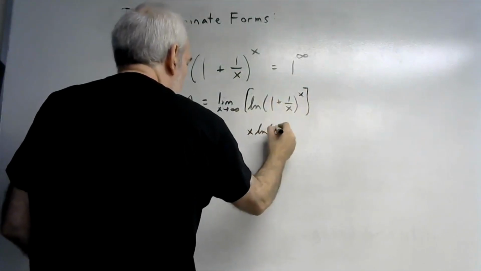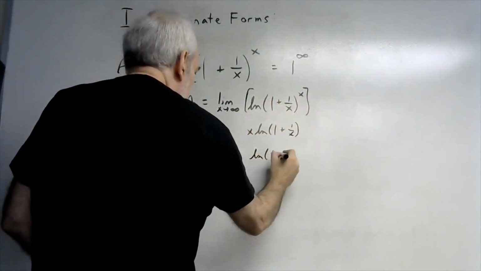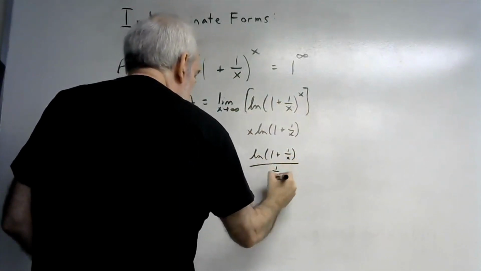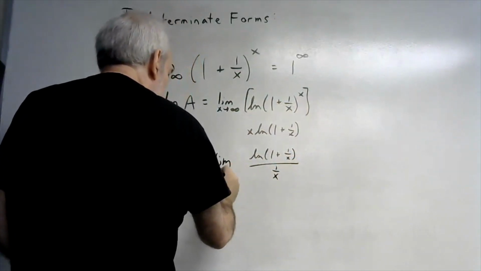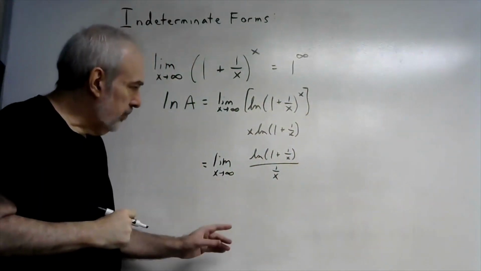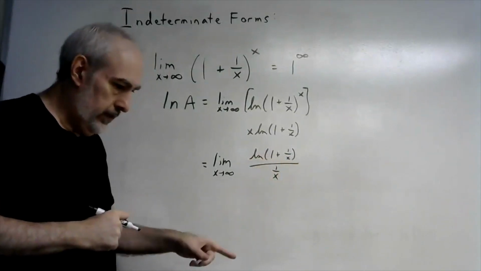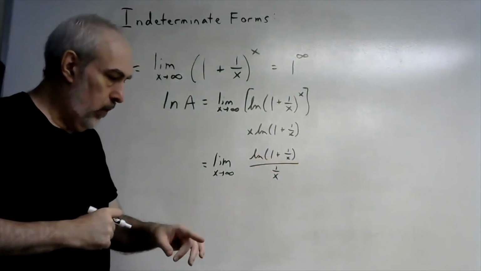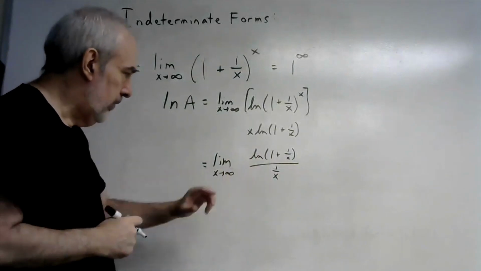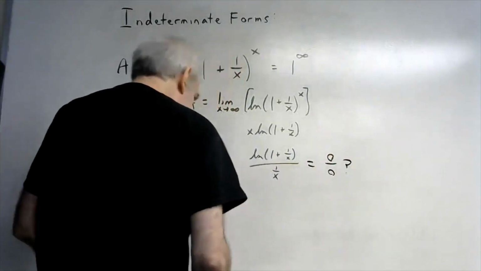Use a log property, and then turn it into a fraction. Now, as x approaches infinity, that is going to go to 0. So we have ln of 1 over 0. Well, ln of 1 is 0, so we have 0 over 0, which is an indeterminate form.